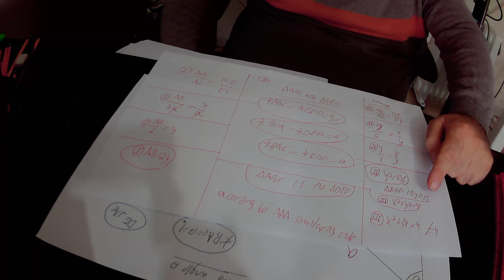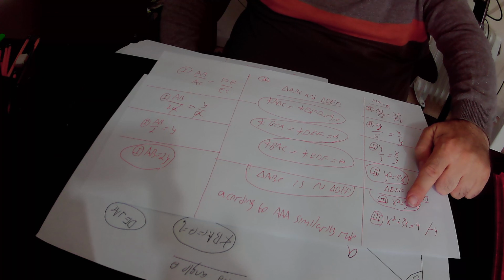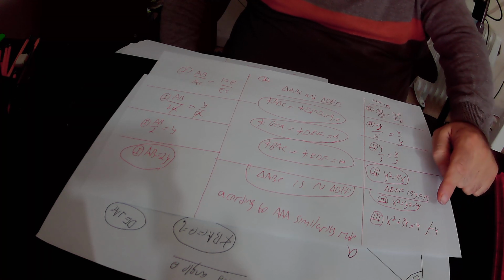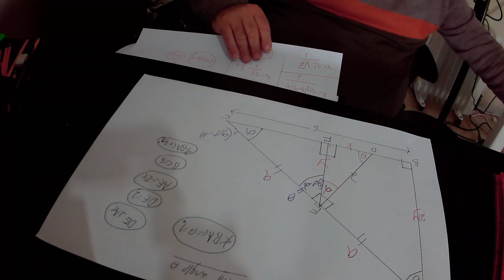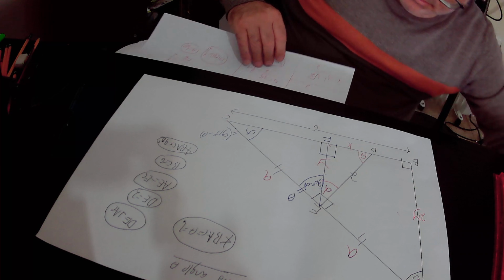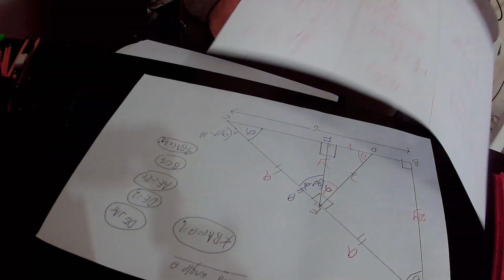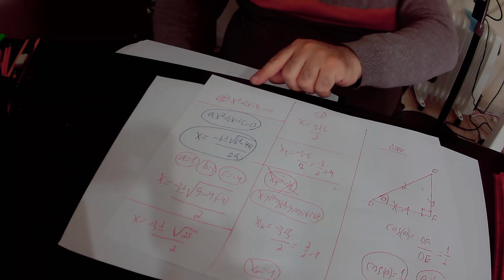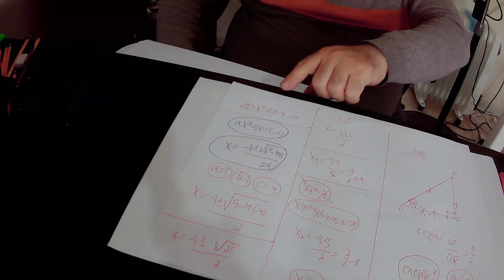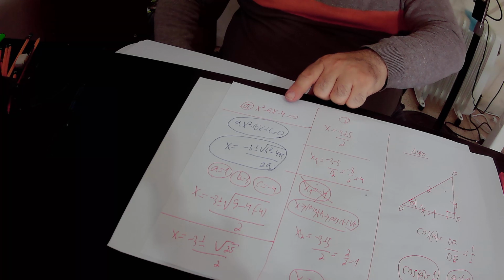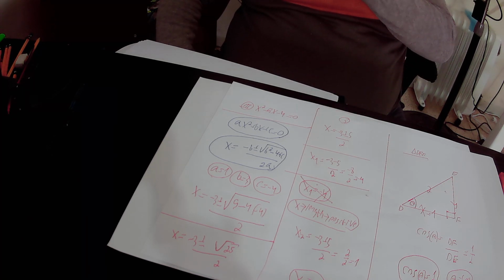We did it, and we got that X squared plus 3X equals 4. We subtracted 4, and we got that X squared plus 3X minus 4 equals 0.